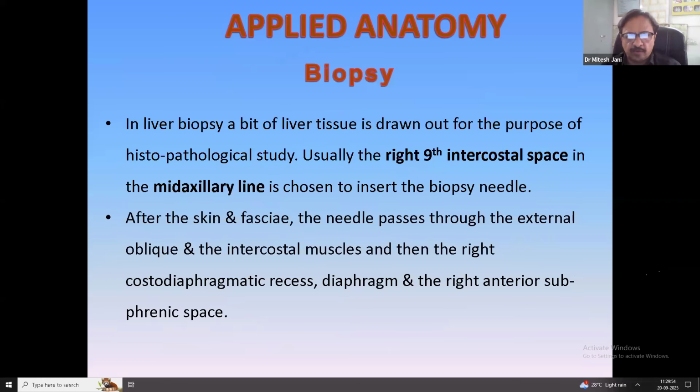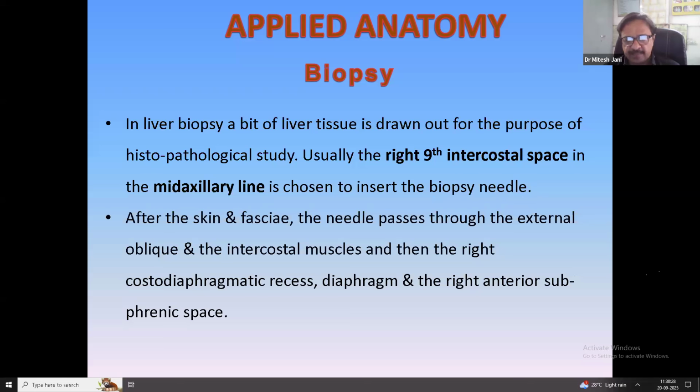Also, we come to know about the pathological changes with the help of a biopsy. A liver biopsy is a bit of liver tissue drawn out for the purpose of histopathological study. And usually the location is very important: the right ninth intercostal space in the mid-axillary line is chosen to insert the biopsy needle.